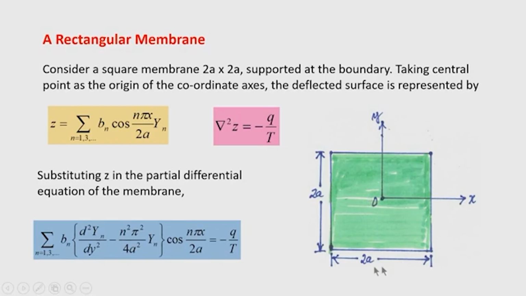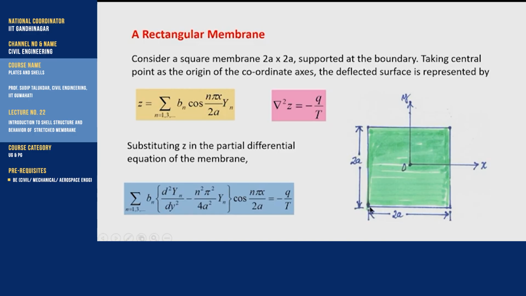So, let us take the side of the membrane as 2a and the other direction also 2a. So, this is a square membrane 2a by 2a supported at the boundary, taking the central point at the origin.